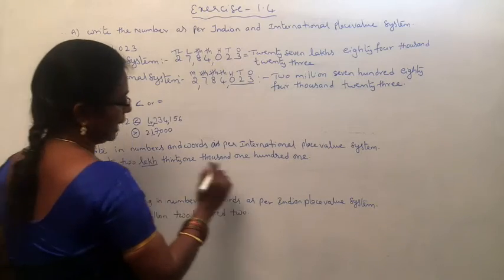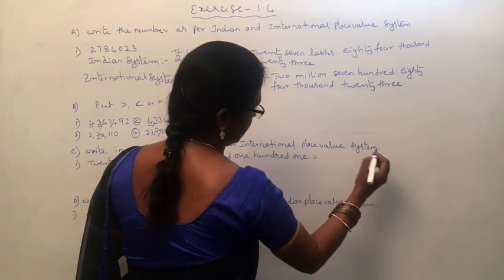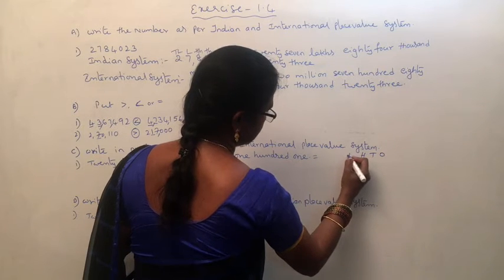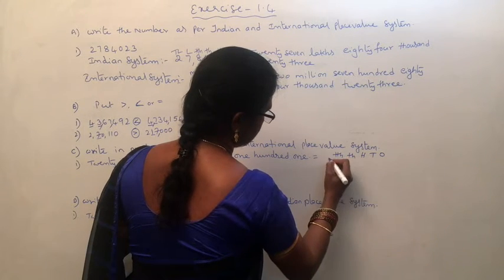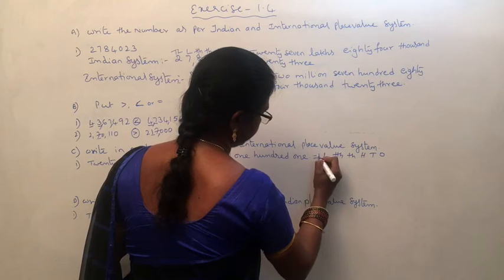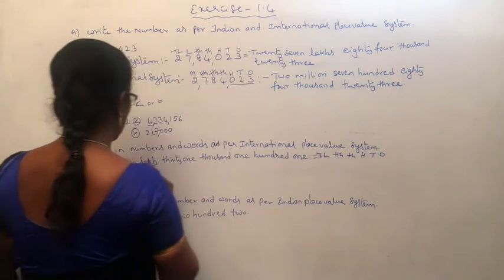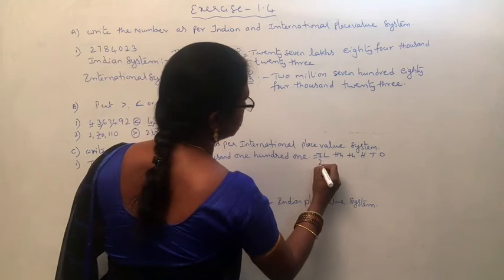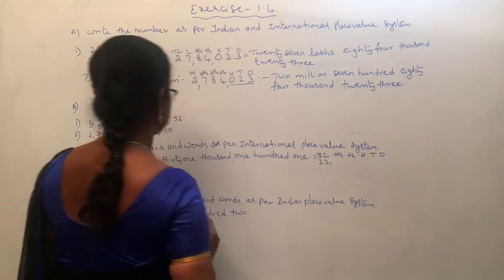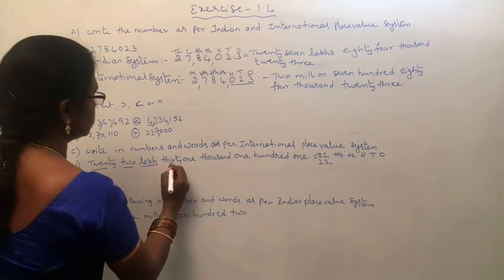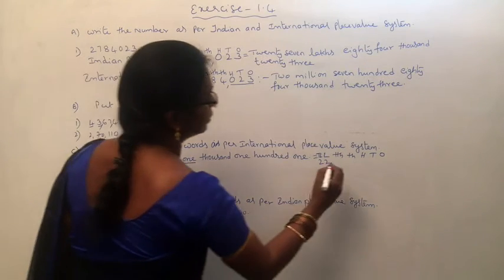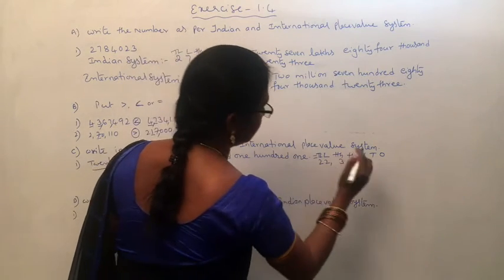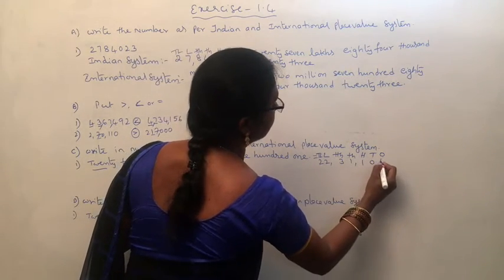Now 22 lakhs means first we have to write place values. Ones, tens, hundreds, thousand, 10,000, lakh, 10 lakh. Now how many lakhs are there? 22 lakhs. Next 31,000. 31, how to write? 31,000. Then 101.